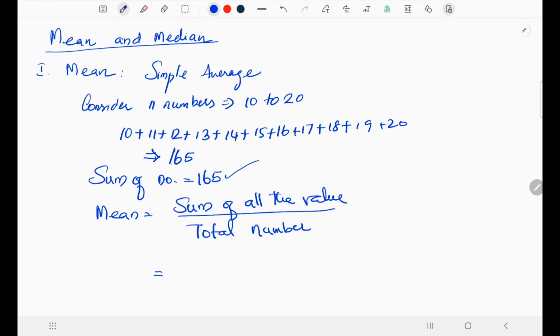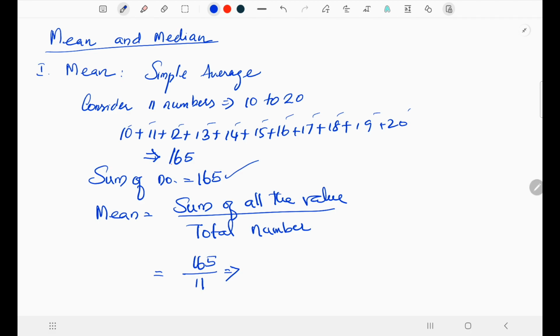What is the sum of all the values? We have here 165. Total values we have: 1, 2, 3, 4, 5, 6, 7, 8, 9, 10, 11. So the total is 11. Let me check the total of the numbers from 10 to 20: 10 plus 11 plus 12 plus 13 plus 14 plus 15 plus 16 plus 17 plus 18 plus 19 plus 20 is 165.